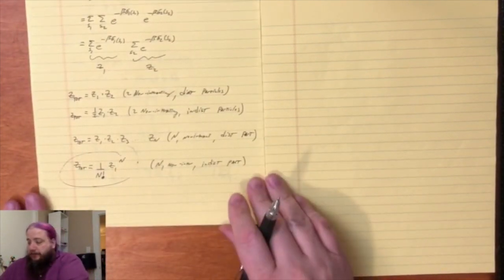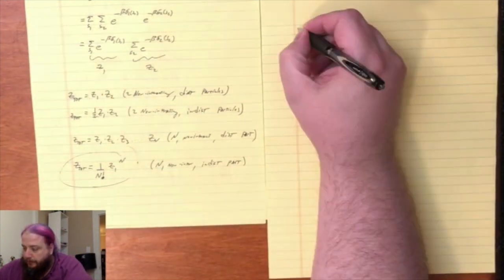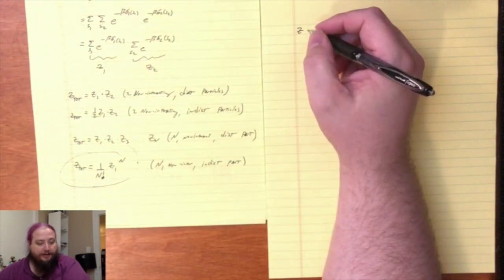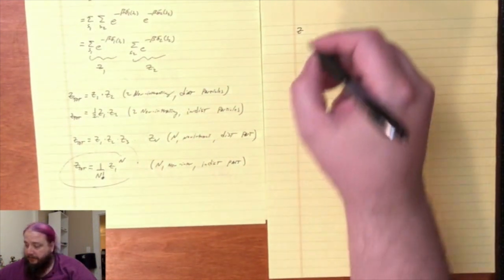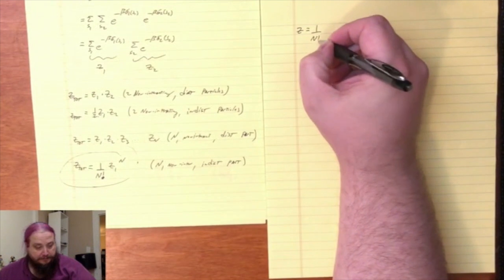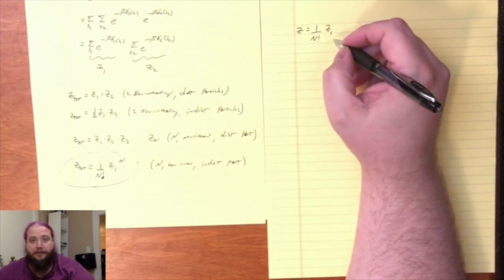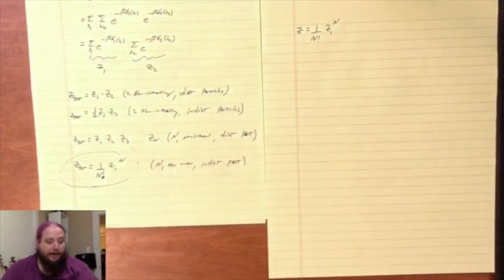So let's take the result that we just built, that for a system of a large number n of identical non-interacting molecules, the partition function is going to be 1 over n factorial times the single molecule partition function to the nth power.